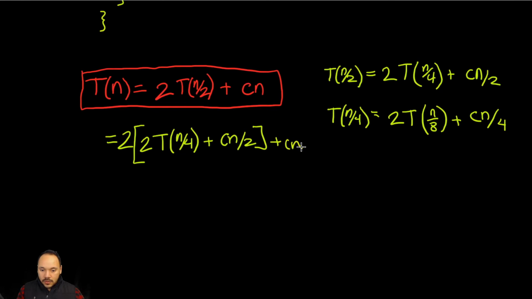Now it's equal to Cn. So let's simplify this. Let's call this 1, call this 2, let's use different colors. So let's say this is the formula 1, we have the formula 2, this is the formula 3.